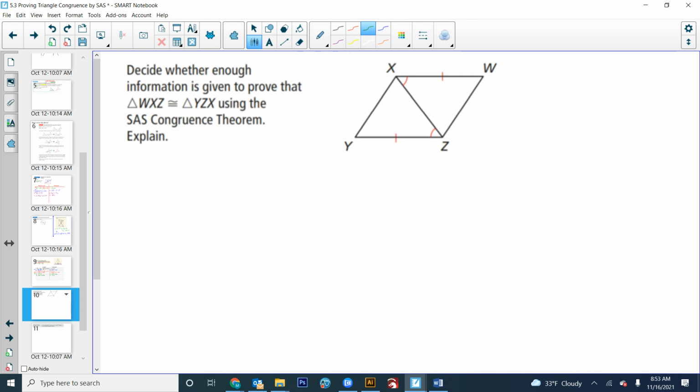Yeah, because XZ in triangle 1 is congruent to ZX in triangle 2, right? They're reversed, so you have to reverse the order of those. So therefore, the triangles are congruent by... Nope, we don't prove triangles congruent by reflexive. The triangles are congruent by SAS, right?